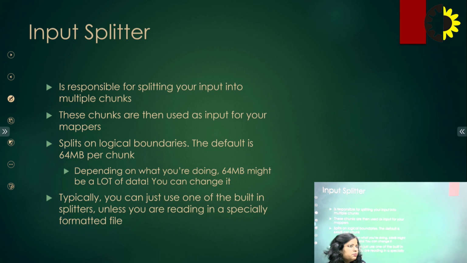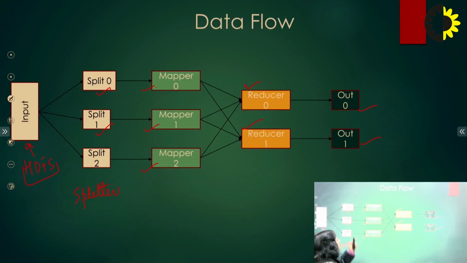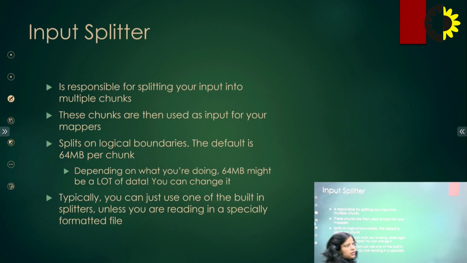So the input splitter is responsible for splitting the input into multiple chunks, and these chunks work as input to the mapper. The default size of a chunk is 64 MB, and this size can be expanded depending on the need.